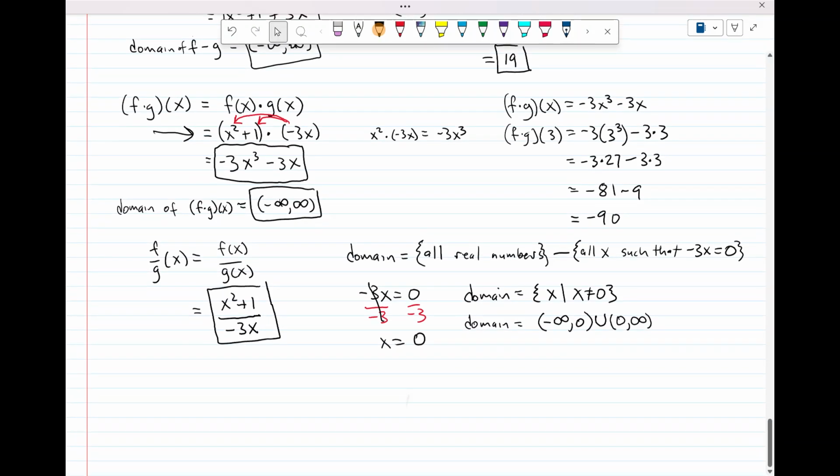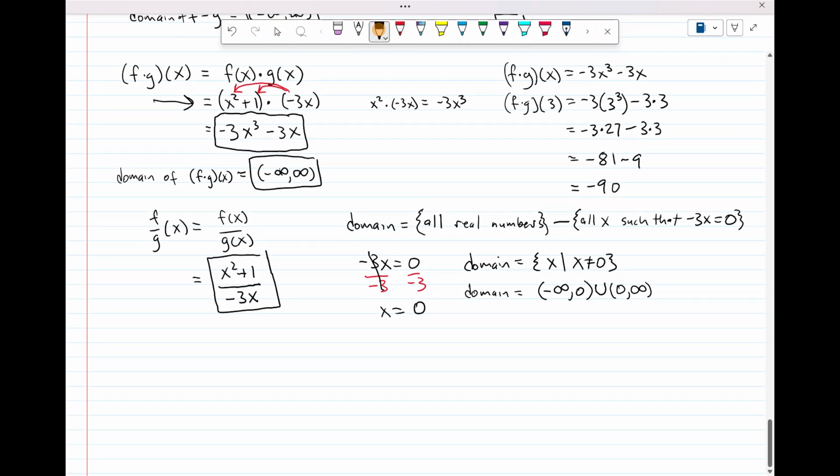Finally, let's evaluate f over g of x for x equals 3. So again, I'm going to start with the function, and I'm going to plug in 3.